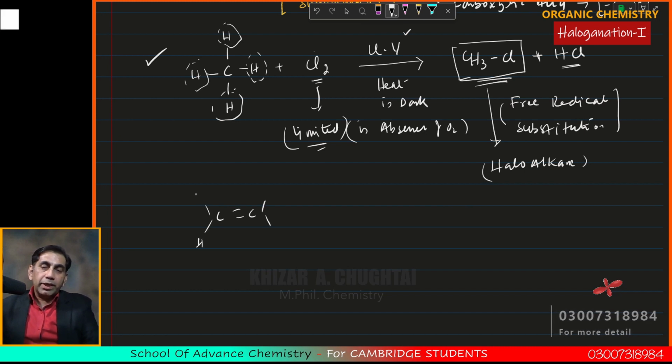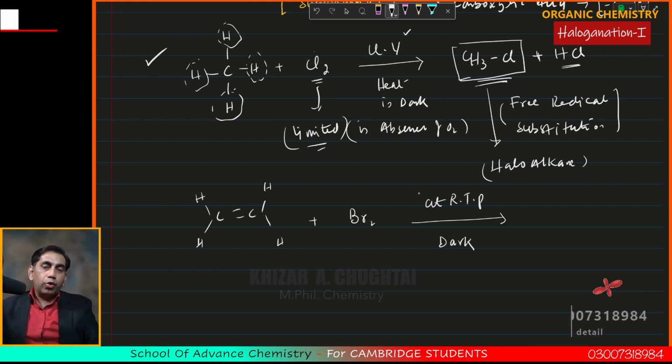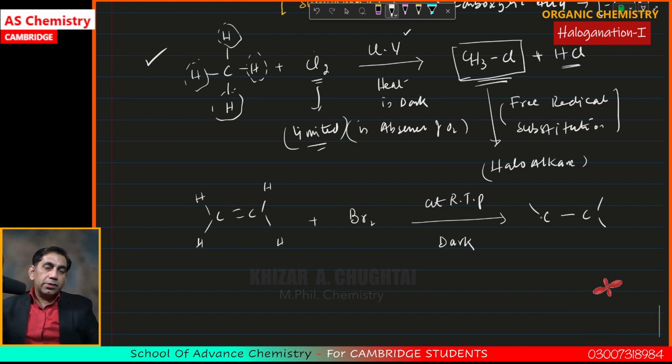So if I'm using alkene, I can add halogen into it, yes, it is true. For example, I am going to add bromine this time. There is no need of UV light. You can perform this reaction in dark, at room temperature and pressure, and this molecule is going to react with Br2. Now what is going to be formed over here? That is simple addition. Addition means when two molecules are meeting together and making a single product, two molecules into one product.